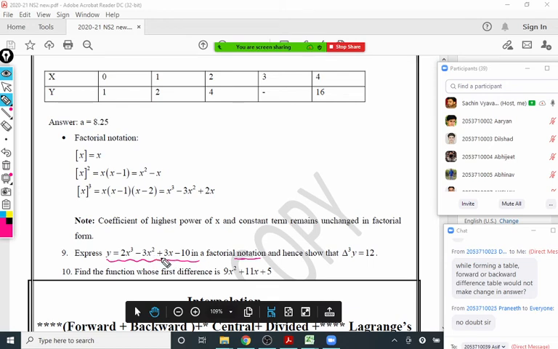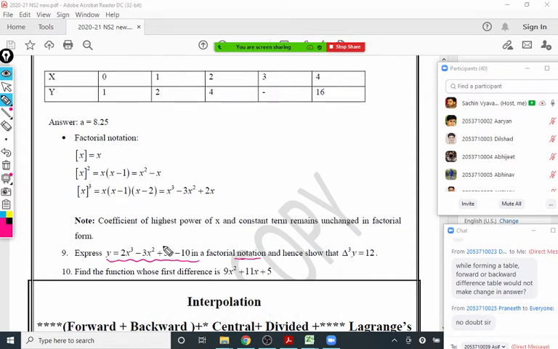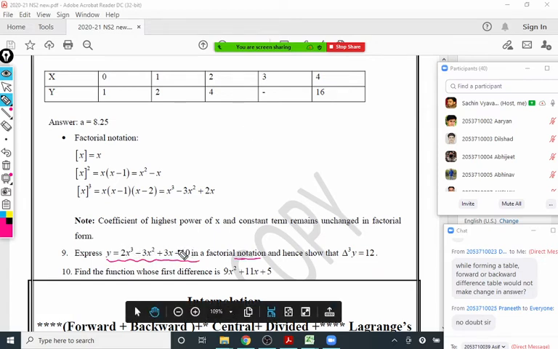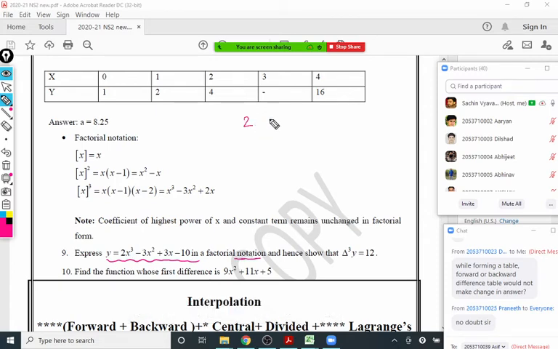To write any function in factorial form, generally we use synthetic division. That is the simplest method that we have. What is that method? Just write down the given polynomial in decreasing order. So first is x cube, and I write the x cube coefficient, that is 2. Then the x square coefficient, minus 3.